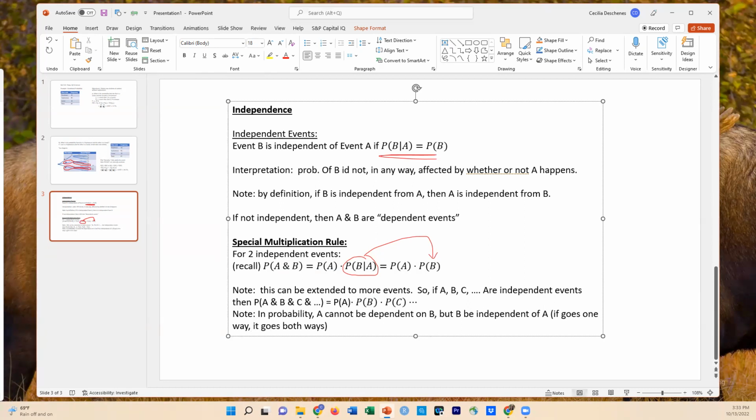If one is independent from another, the other is independent from the first. They're just independent from each other. Okay, and then another note is on mutually exclusive events, which I'm going to add on the next page.